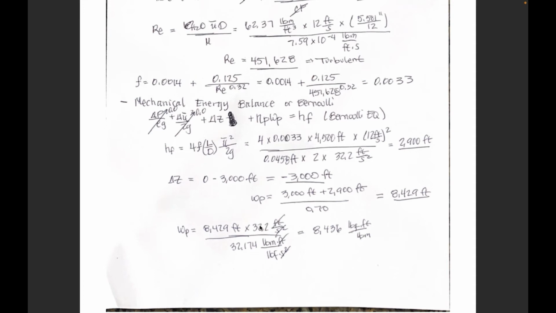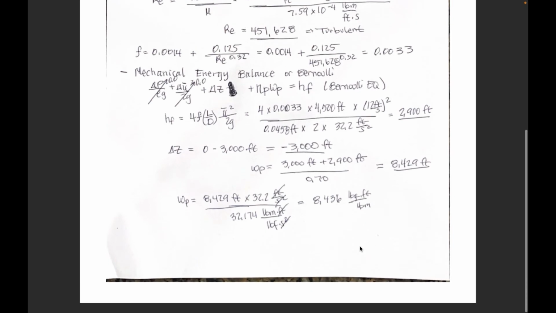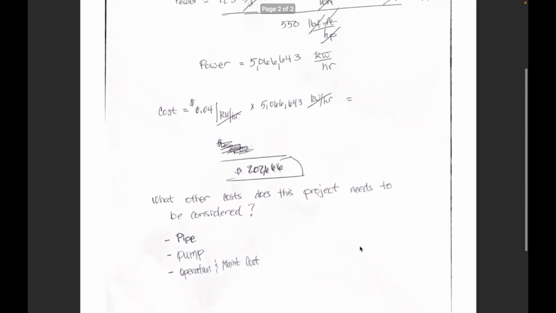Doing all that gives you 8,436 pound force foot per pound mass. So, the energy form. And now we're going to go to the second page.